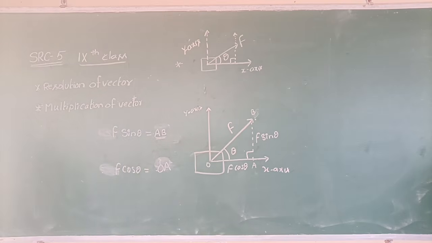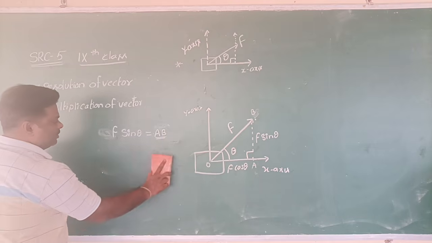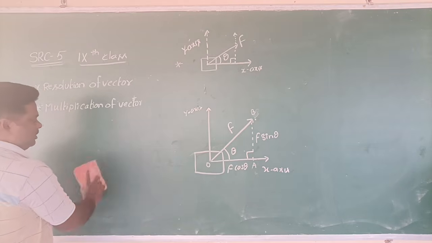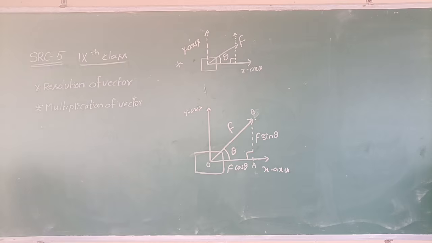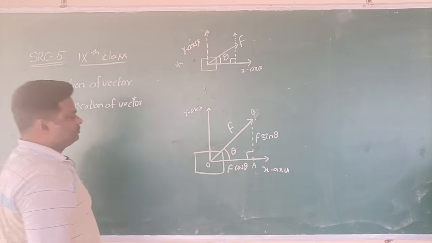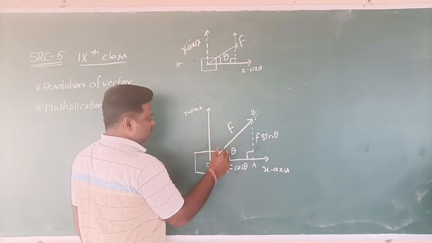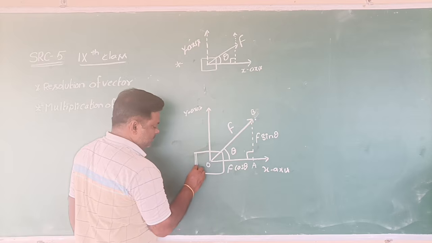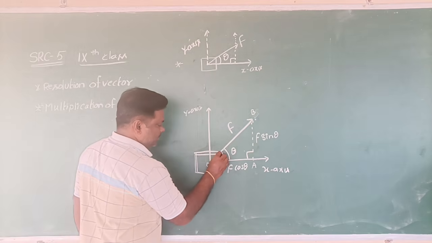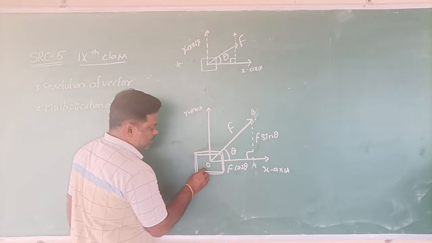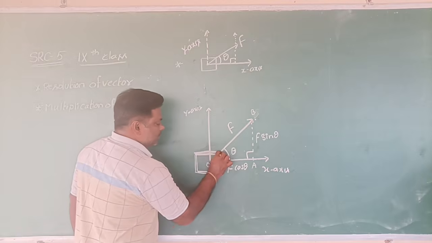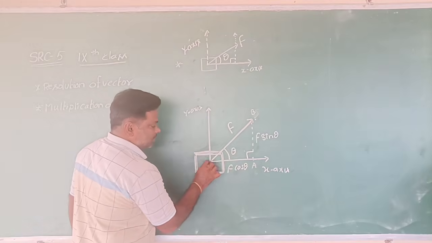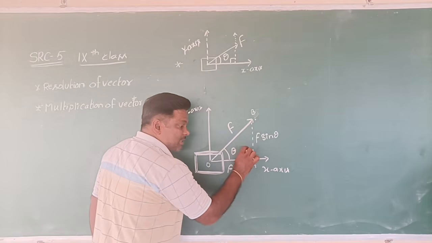Now, observe this. Whatever the force that you applied is resolved along the x-axis and along the y-axis. So this force which you are applying will pull the object along the x-axis.